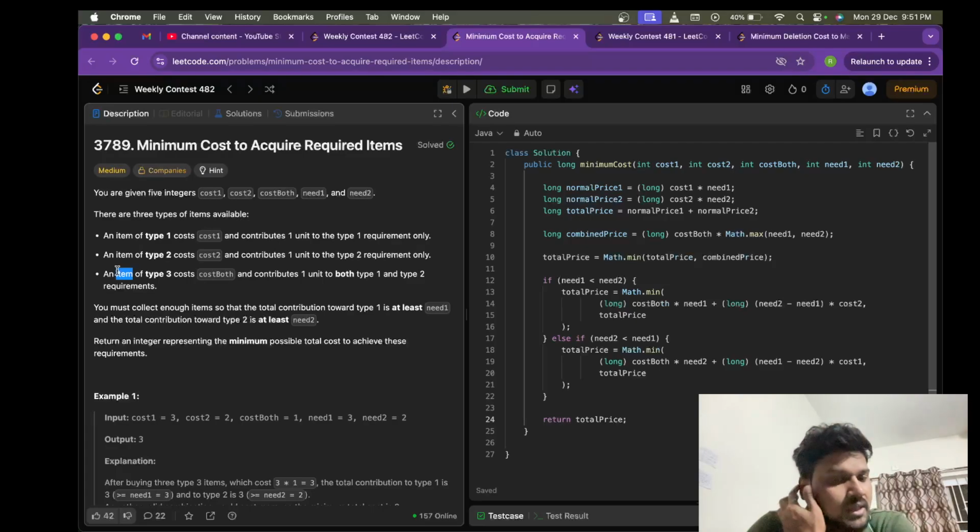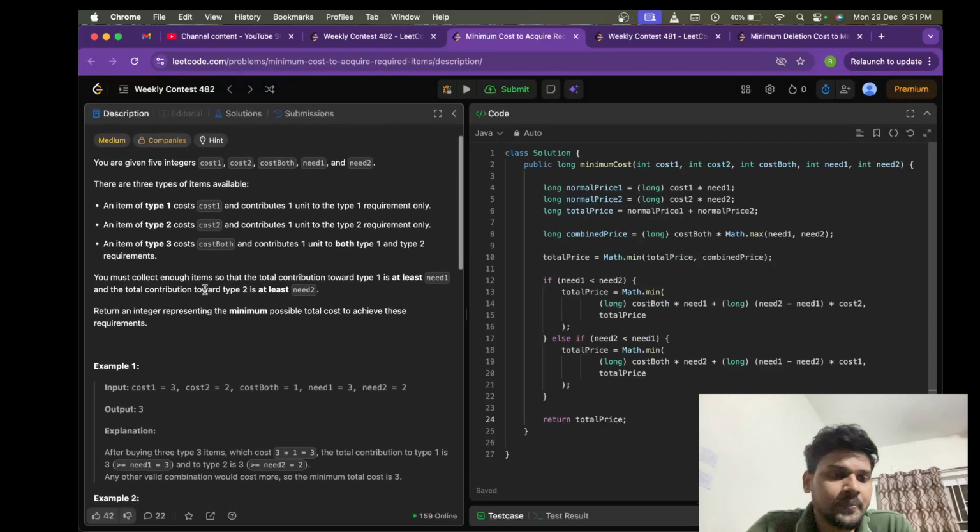And type 3 costs costBoth, and its contribution is 1 unit towards type 1 and 1 unit towards the type 2 requirement. And we are asked to collect enough items so that the total contribution towards type 1 is at least need1, and the total contribution towards type 2 is at least need2.